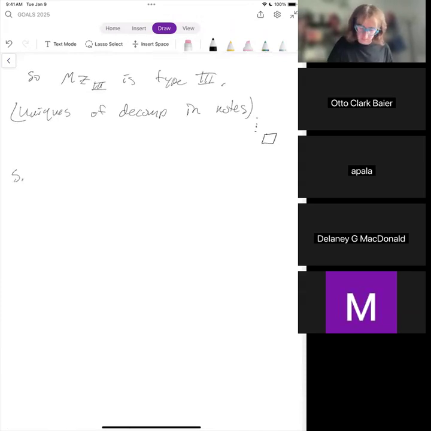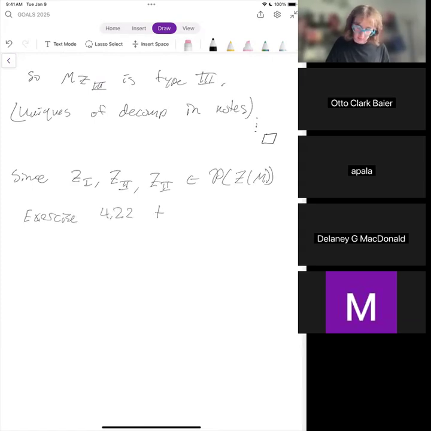Since these projections are central, exercise 4.2.2 tells us that M is isomorphic to the direct sum of these compressions.